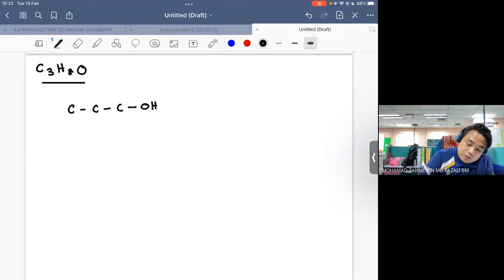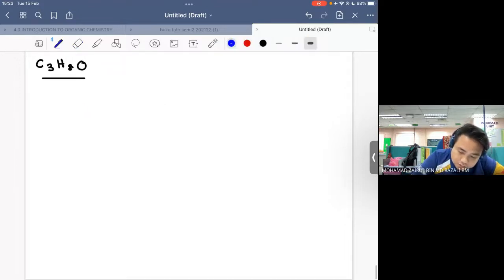Okay, and then we can draw the hydrogen. So 3, 2, 2 hydrogen. So ini 2 hydrogen. Okay, so sekarang ini the hydrogen ini are located at the first carbon. So I think that better saya draw dalam expanded kot. Better saya draw dalam expanded supaya awak boleh lagi nampak.